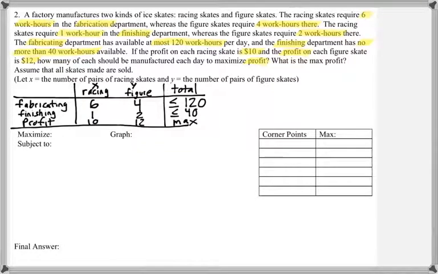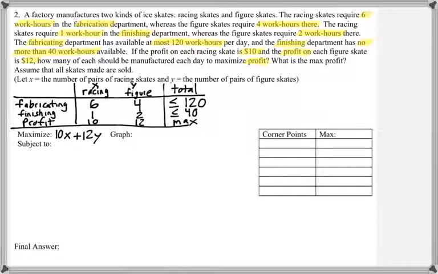Next, I want to translate these into equations. So my objective function is going to be 10x plus 12y, because that's what I'm trying to maximize.